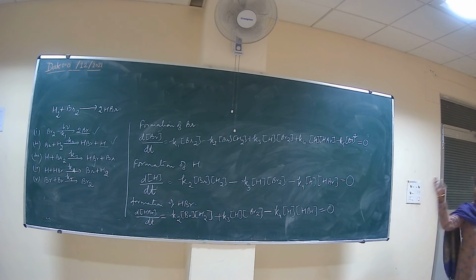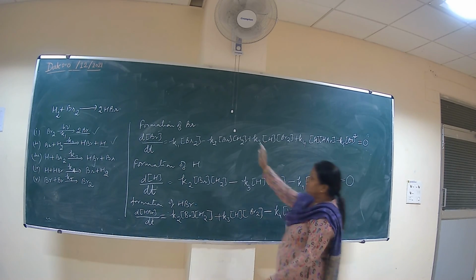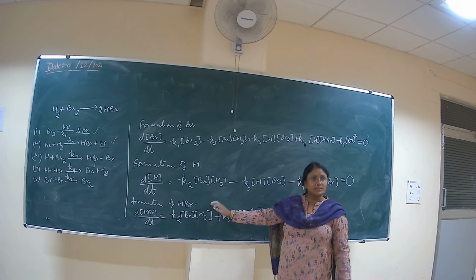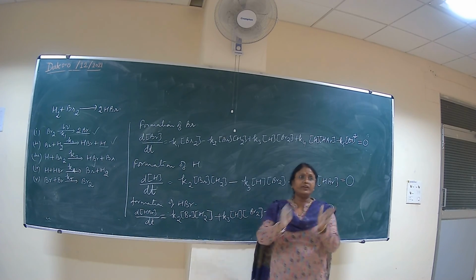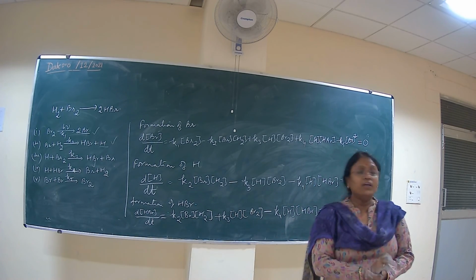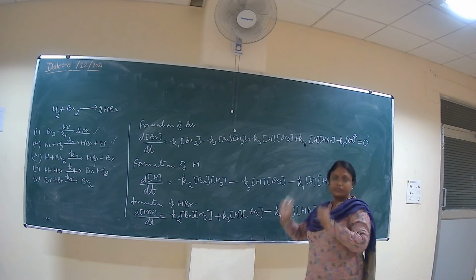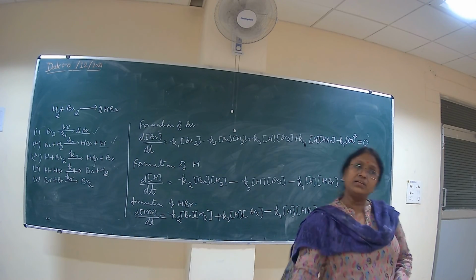So first we write the rate of formation of all these reactants or the products, and after that we combine these equations, and finally we find the rate of formation of the hydrogen bromide.